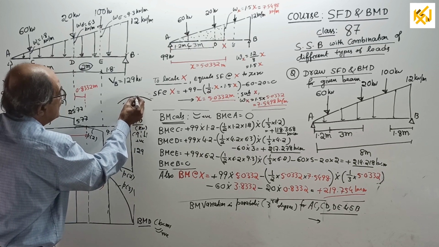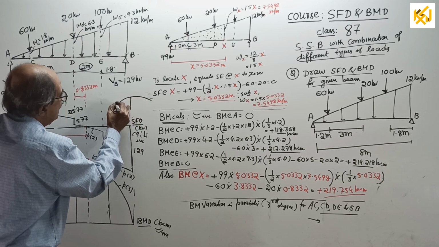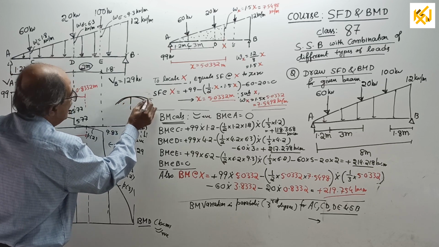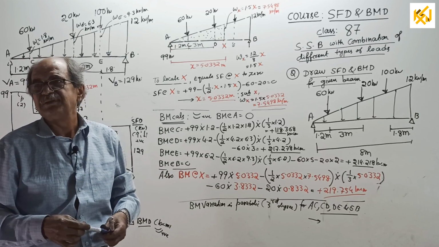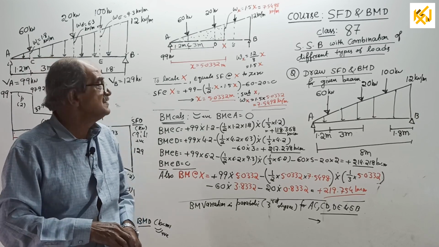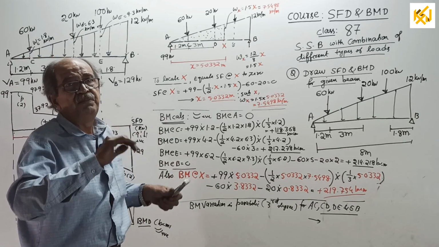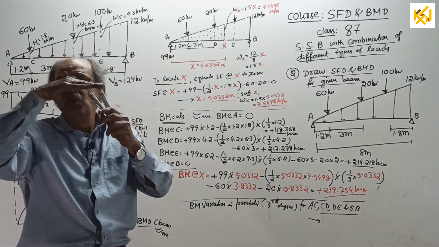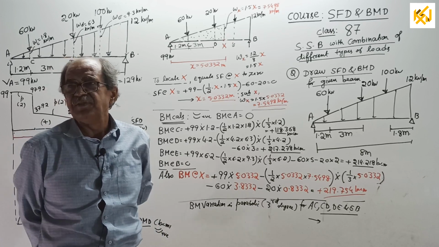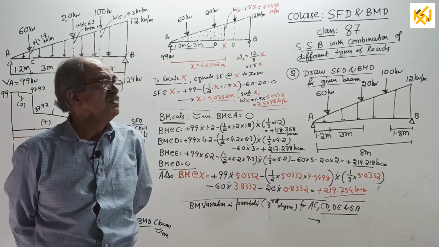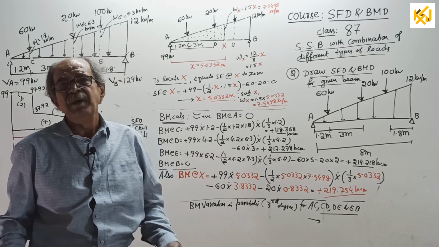Someone will comment, sir, here little more is there. Okay, you take this way. I told sometime the pen will slip, it happens. But I told in the class, that is the point where BM is maximum, 0 slope is there, then it will drop on either side. If you listen to everything correctly, then there will be no problem. For such comments, I am helpless.